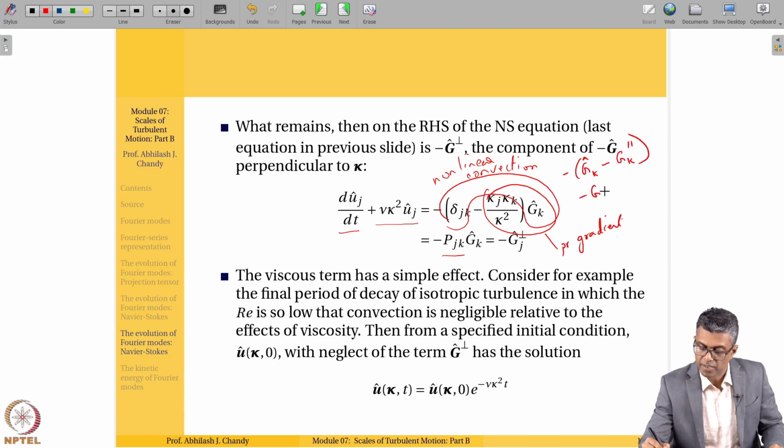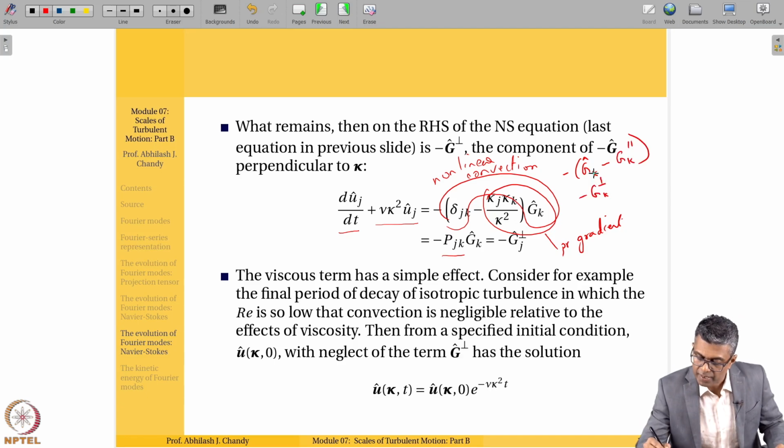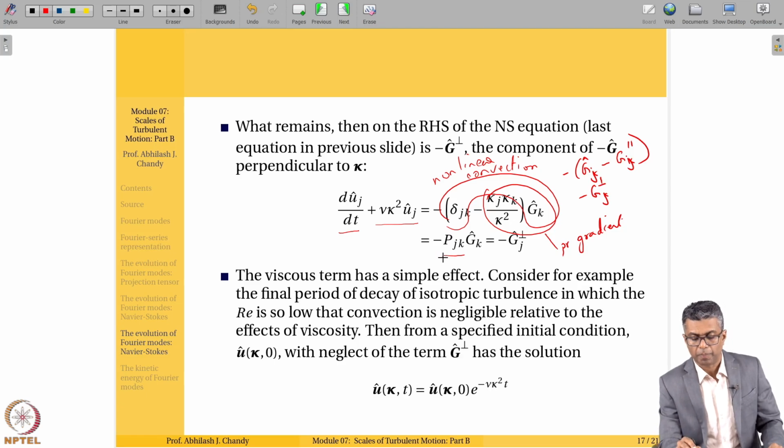This is minus Gk perpendicular. So in fact, I should say the index I wrote here is wrong. It is Gj hat minus Gj parallel, which is Gj perpendicular, which is what the Pjk, the projection tensor, times Gk hat is.